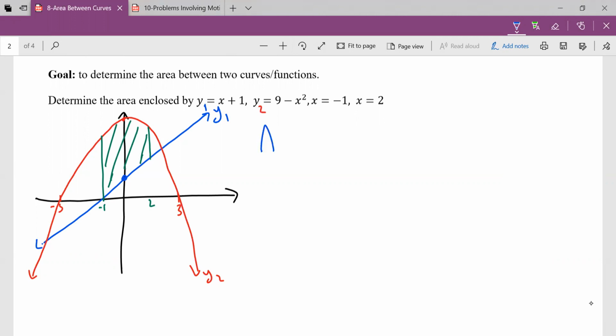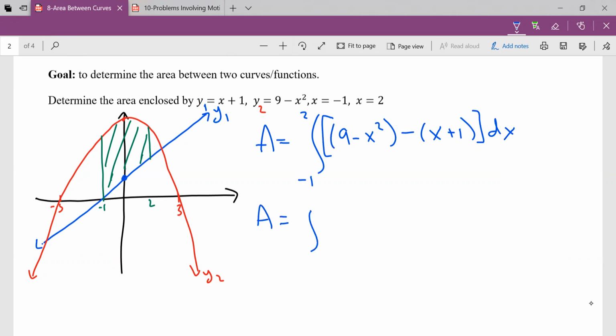Our area is equal to the integral from lower bound -1 to upper bound 2 of top function 9 minus x squared minus lower function x plus 1, dx. Now before we take the antiderivative, let's simplify this down. So we get 9 minus x squared minus x minus 1 dx.